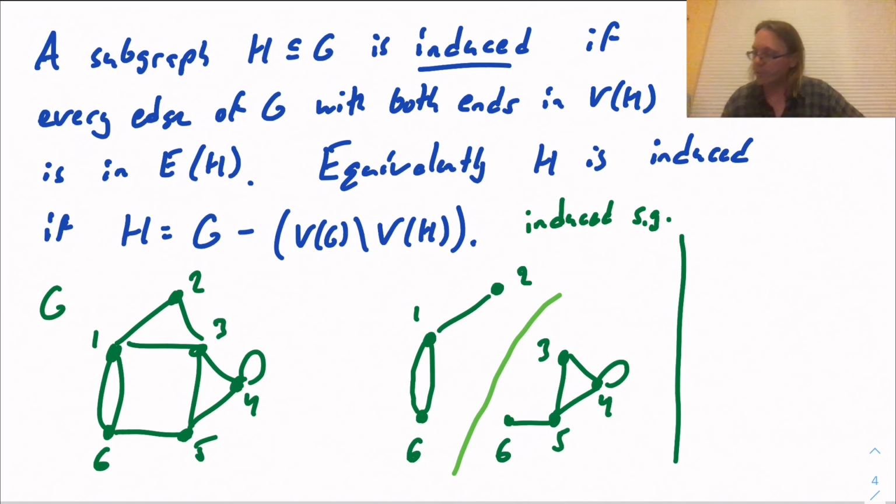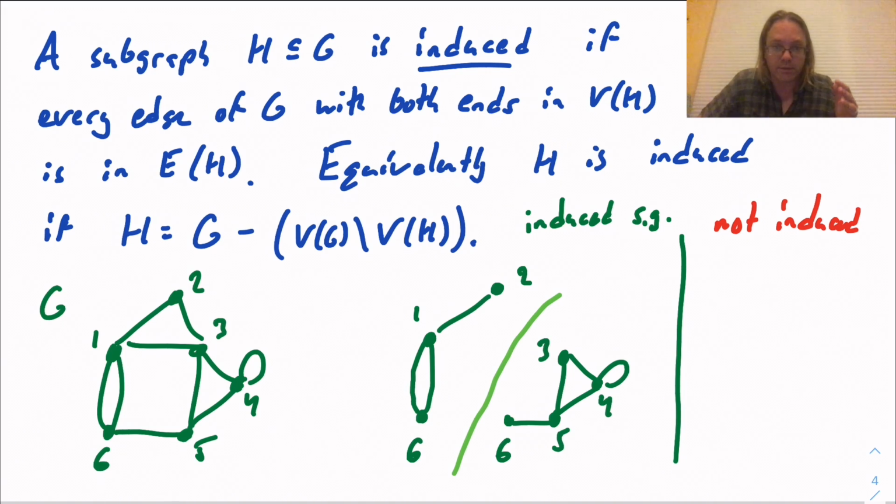Now, a non-induced subgraph means that you'll have some subset of the vertices that are the vertices in your subgraph, but you won't have all possible edges. If you have a subgraph that's not induced, then you're missing an edge that you could possibly have for the collection of vertices that you took.